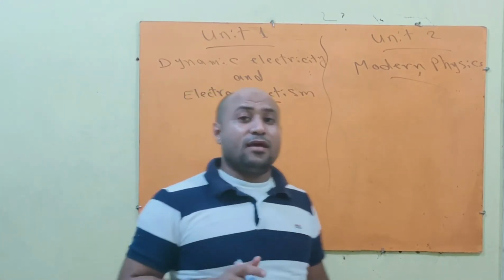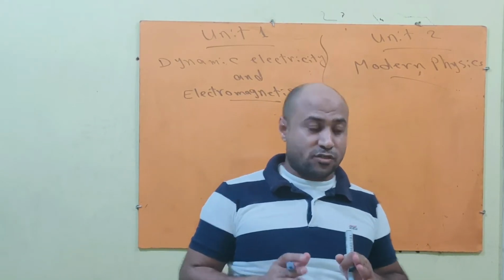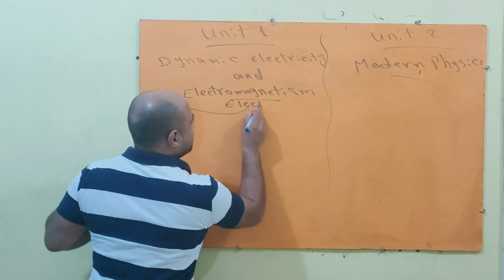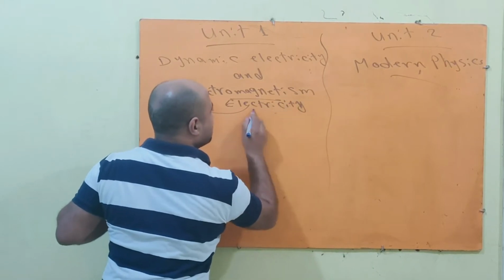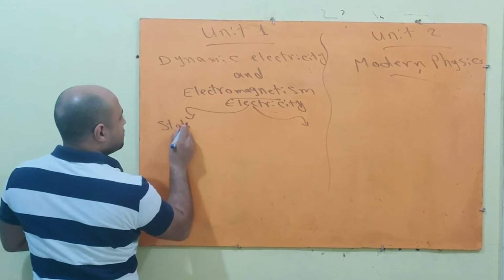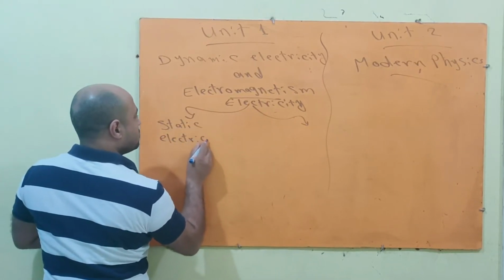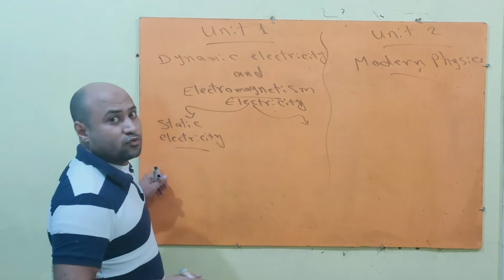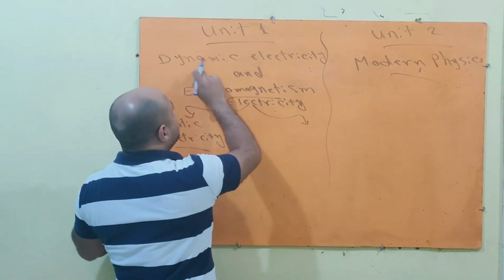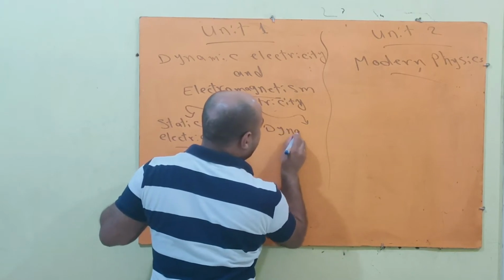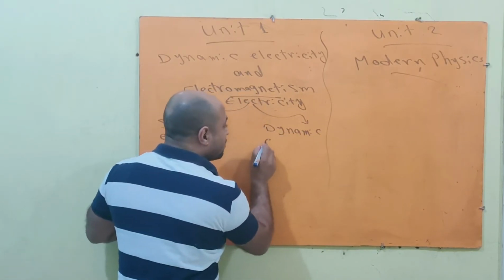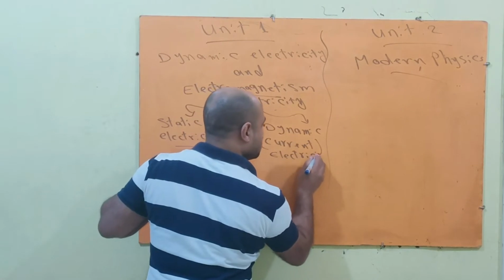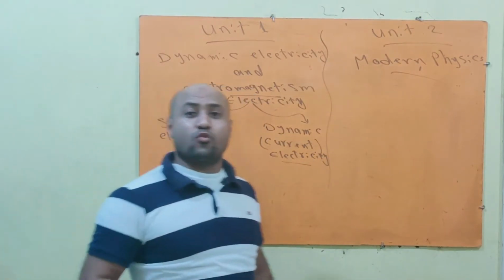We have learned before that electricity is divided into two main branches: static electricity, which means the electric charges remain constant and don't move within wires or conductors, while the other kind is called dynamic electricity, or we can call it current, which concerns only the movement of electric charge within conductors.